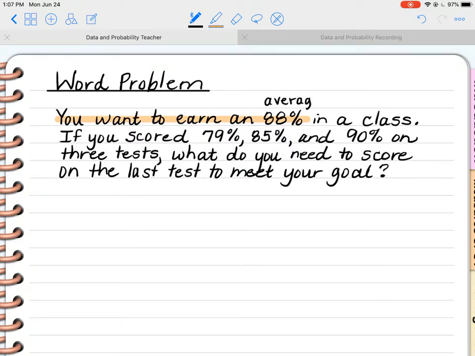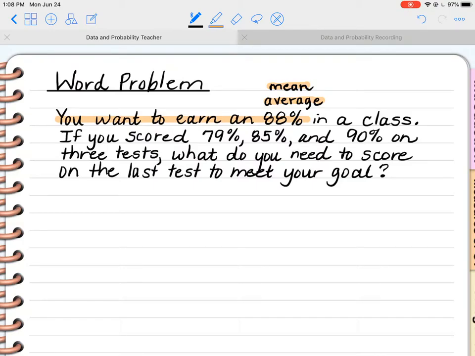So when I was in college, I had to maintain a 94% average to keep my scholarship. So I did a lot of this kind of problem because I was figuring out how much do I have to make on my tests to meet that average of 88% or whatever the percent. Average is another word for mean. So indirectly, I can tell you from lots of experience that I am trying to find out a mean. I want to know what it's going to take to get a mean.